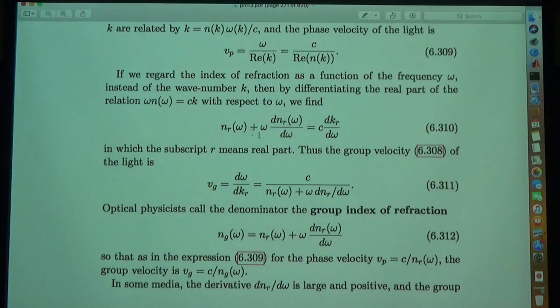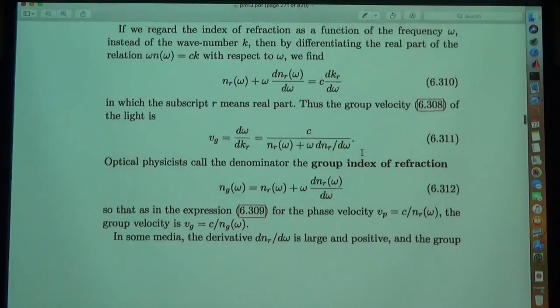And then if you differentiate this expression, you get this expression where R means the real part. And so the group velocity then is d omega dk, and that gives you this expression here.